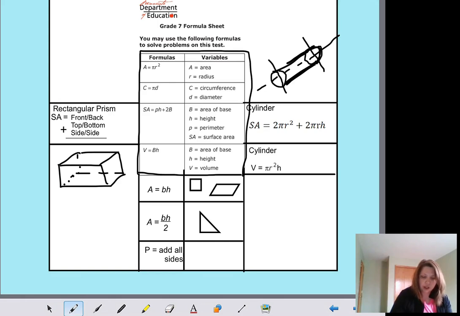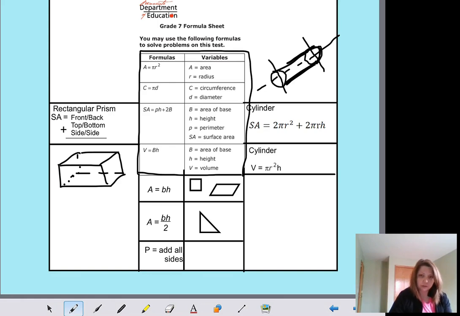If you need to calculate the volume, for example, if you have to fill this cylinder with water and need to know its volume, then you're going to use V equals pi r squared h. A few more basic formulas to add to this sheet: the area of a rectangle or square is b times h, the base and the height.